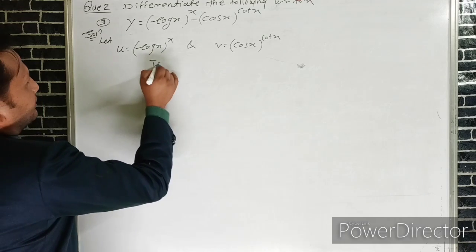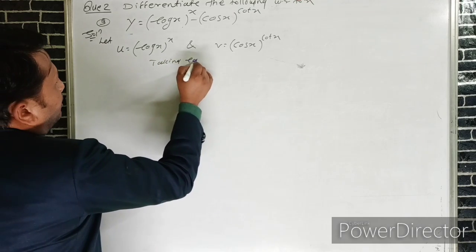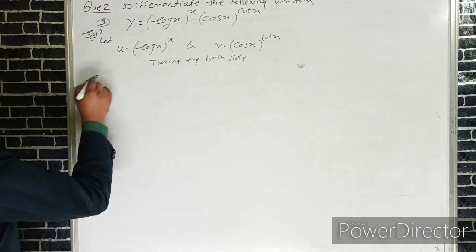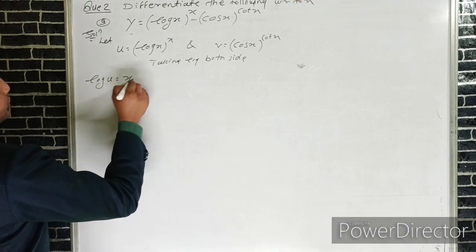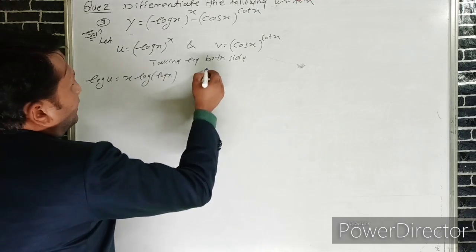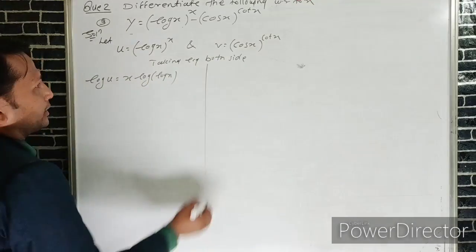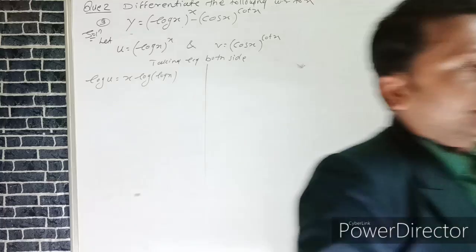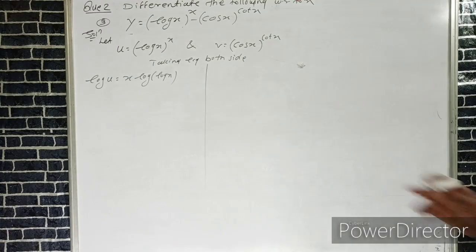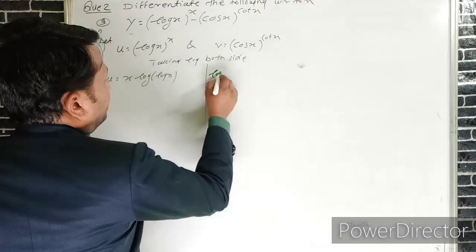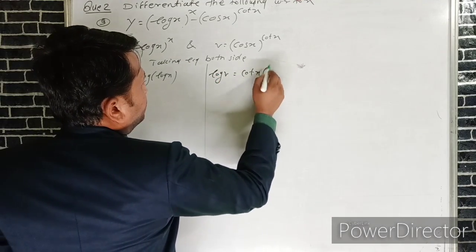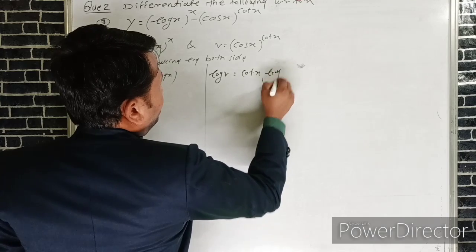If we take log on both sides, then we can write log u equals x into log of log x. If we take log here again, we can write log v equals cot x into log of cos x.